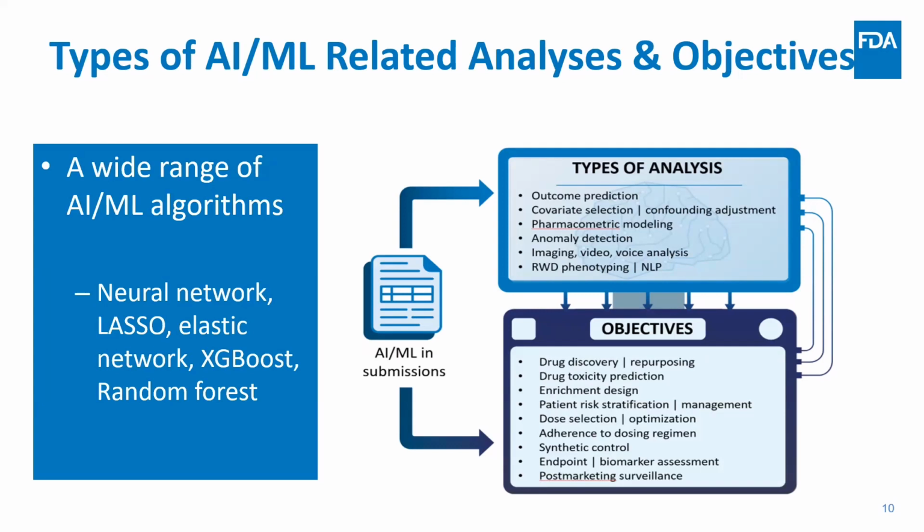One thing I mentioned is, I believe the low-hanging fruit of AI machine learning application is enrichment trial design. Generally speaking, there are three categories of enrichment strategy. The first one is usually we want to reduce the heterogeneity, which is we want to reduce the variability of the subjects.